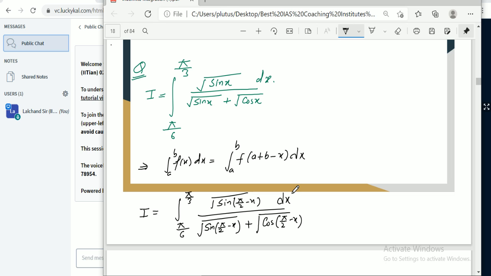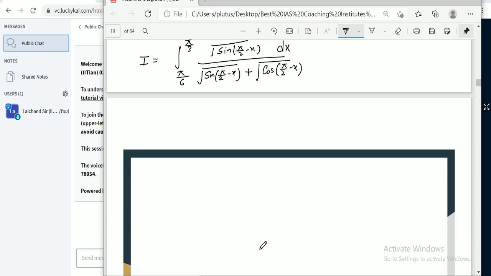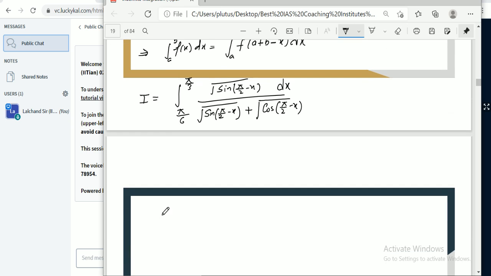Now if you simplify this, then finally I is equal to integral pi by 6 to pi by 3 of root cos x divided by root cos x plus root sin x dx.